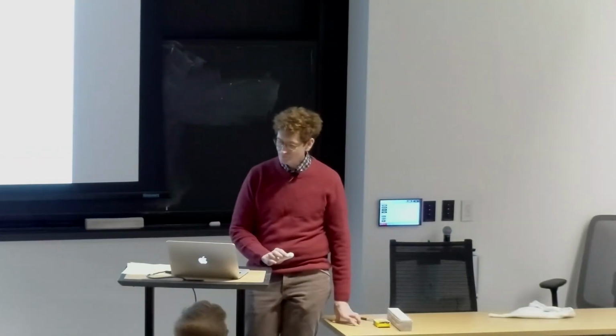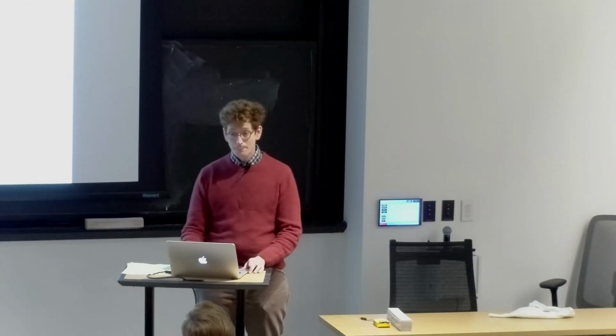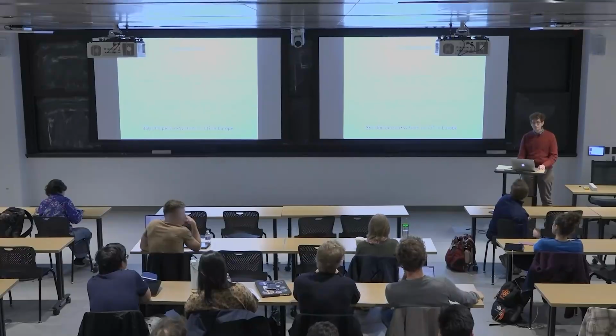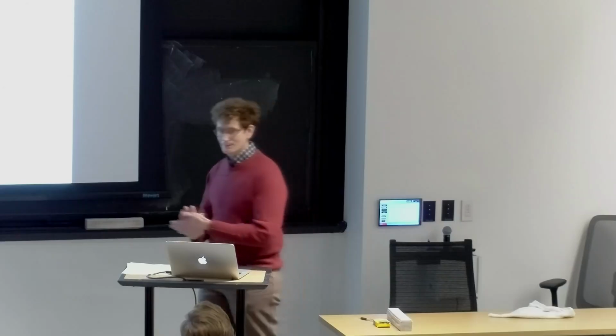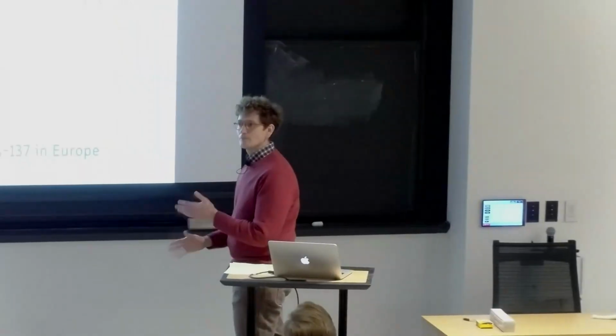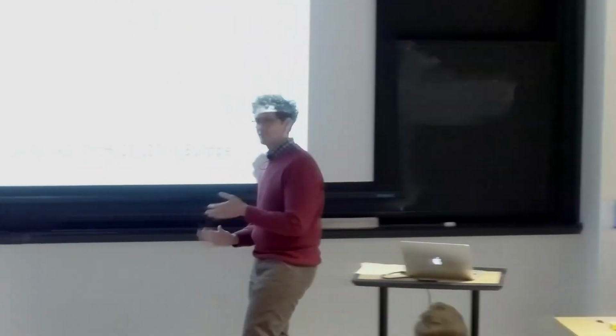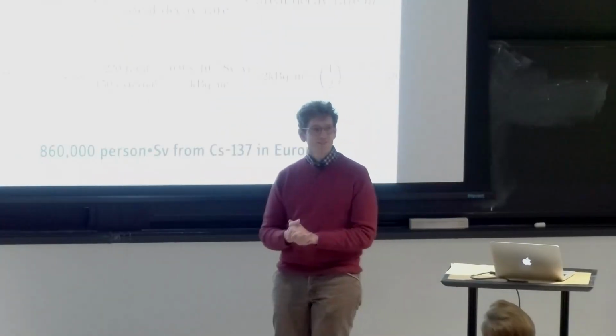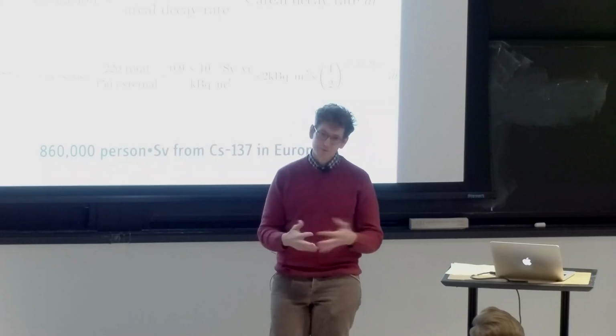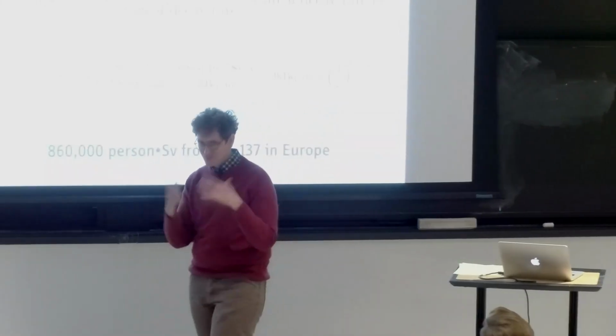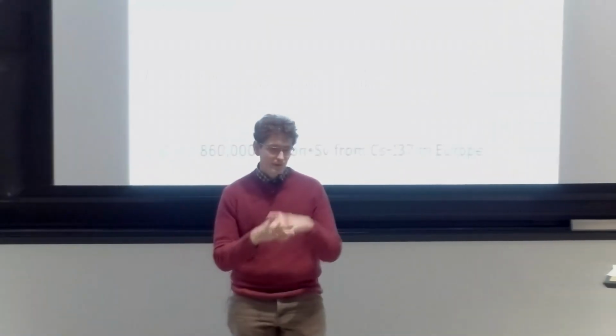Okay? Sorry, what does person sievert mean? It's sieverts of dose times the number of people. Remember, because we're in the linear regime, we can use the linear no threshold model.